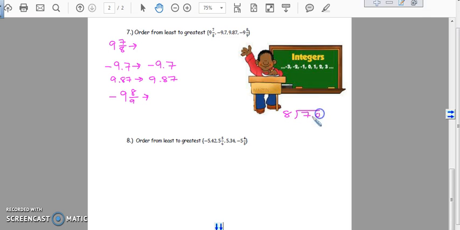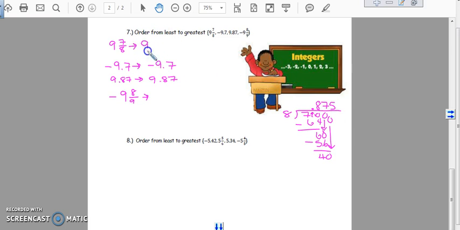8 goes into 7, it can't. Goes into 70, 8 times, 64. It gives me a 6, 7, 4, bring down the 0, 40, so that's 5.